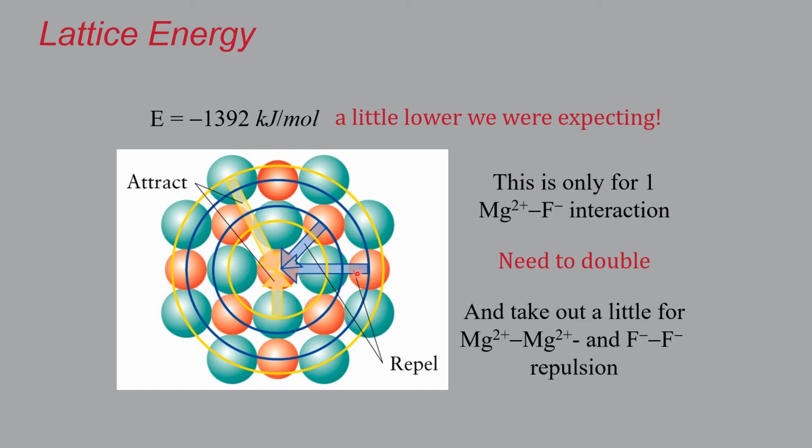So in this case, we're looking at the repulsion between magnesium ions and other magnesium ions. And I guess they didn't have any drawn explicitly, but between chloride ions and other chloride ions as well. And you can actually calculate that.